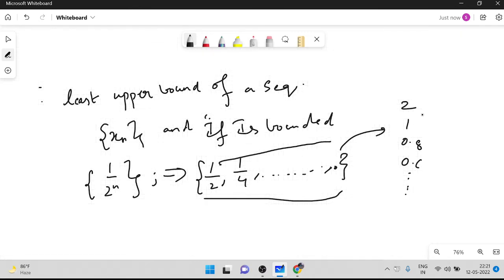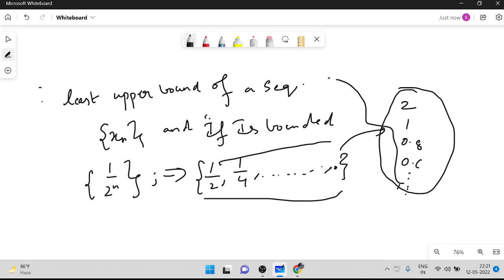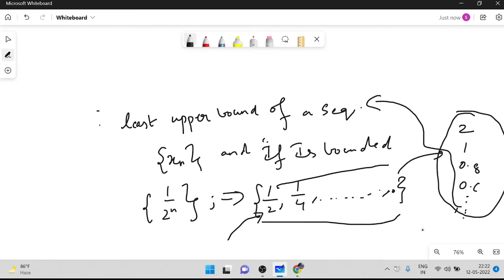The minimum upper bound of the sequence is called the least upper bound. Every bounded sequence will have a least upper bound. Similarly, a sequence that is bounded below will also have a greatest lower bound.